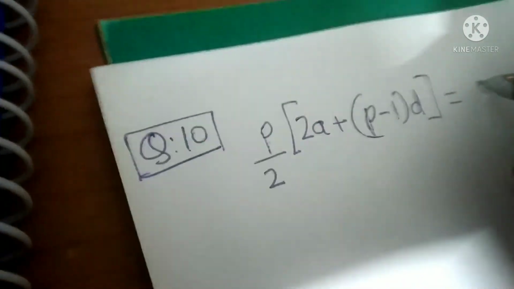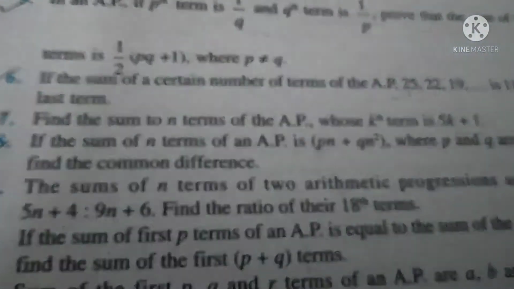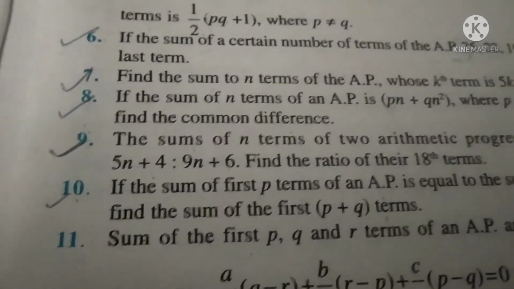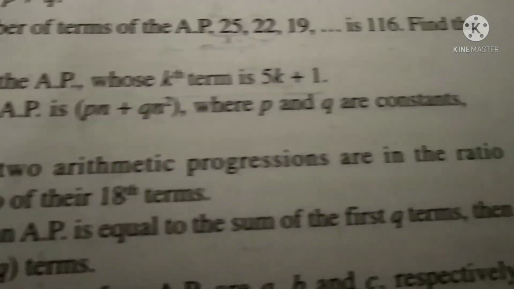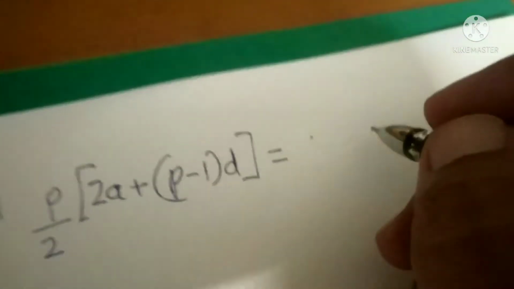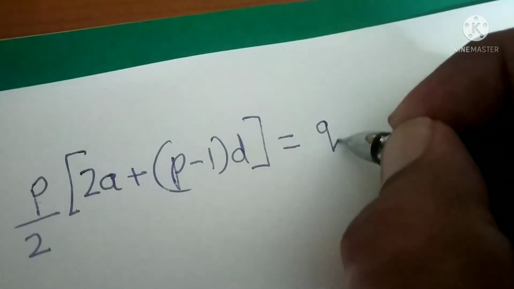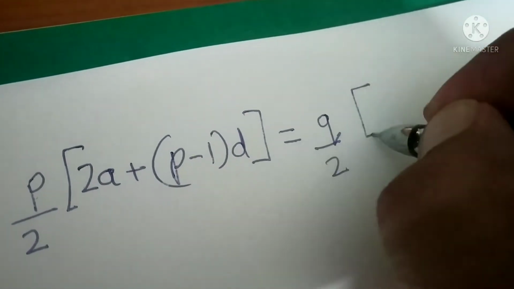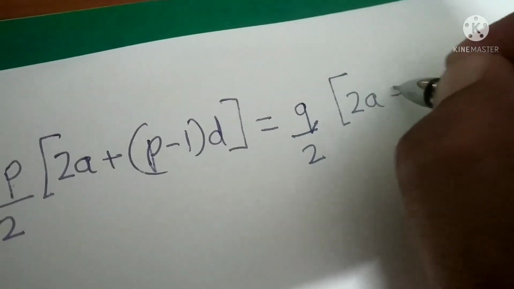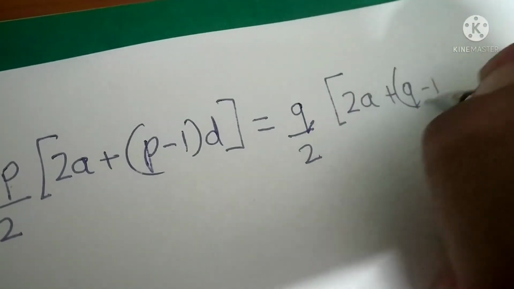So this is equal to q terms. P terms is equal to q terms of a series. ठीक है. Sum of the p terms is equal to the sum of the first q terms. First q terms is q by 2 whole into 2a plus q minus 1 whole into d.